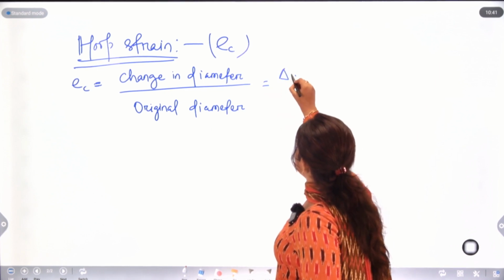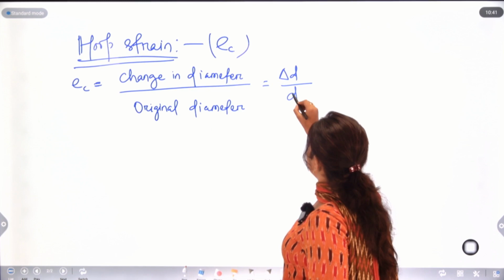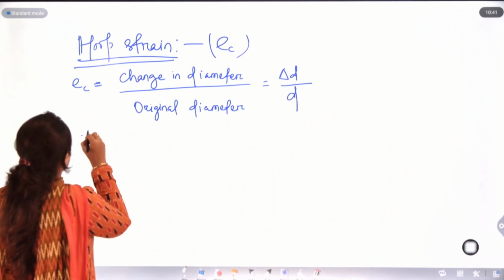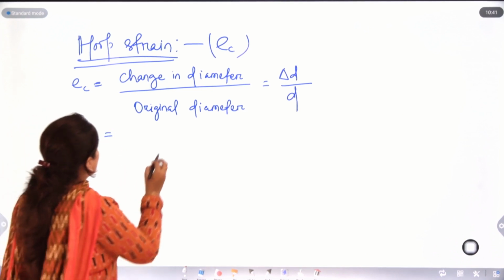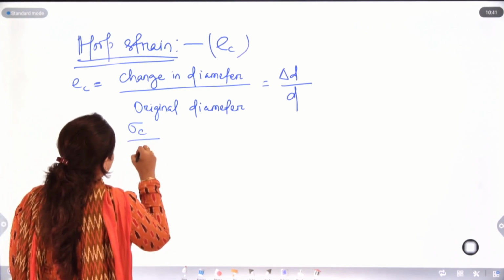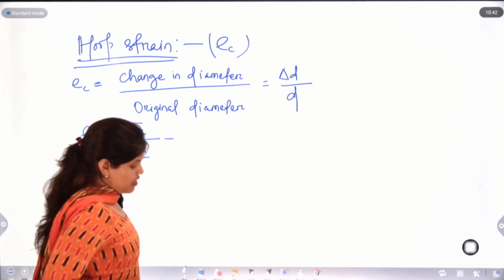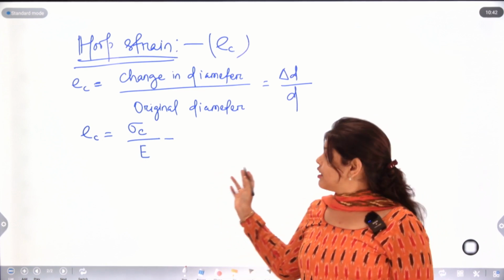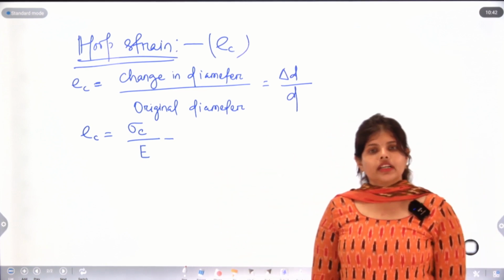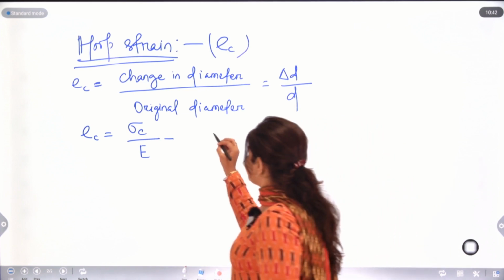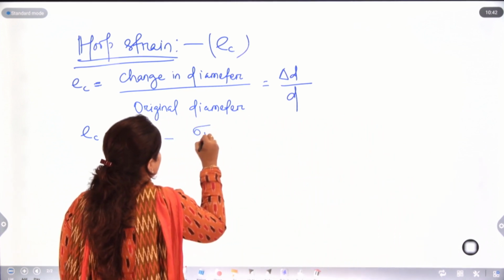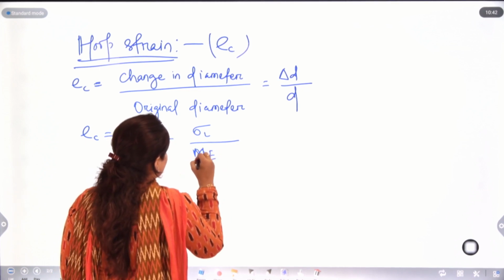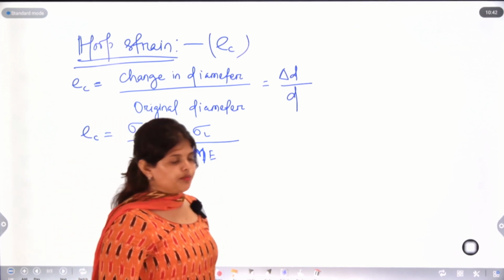We will take this change in diameter as del D upon D. So, we can write e c as sigma c upon E minus, as in case of hoop stress, one is tensile, so the other one will be compressive in nature. So, longitudinal strain will be compressive. So, we can write 1 by m, small m, by E.